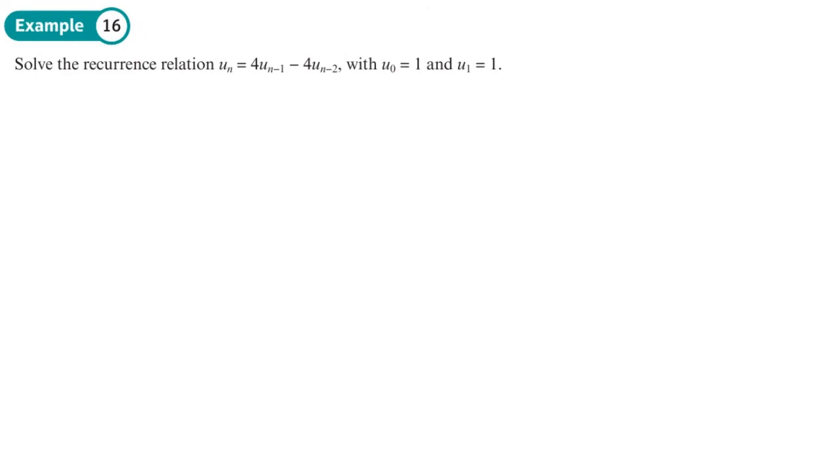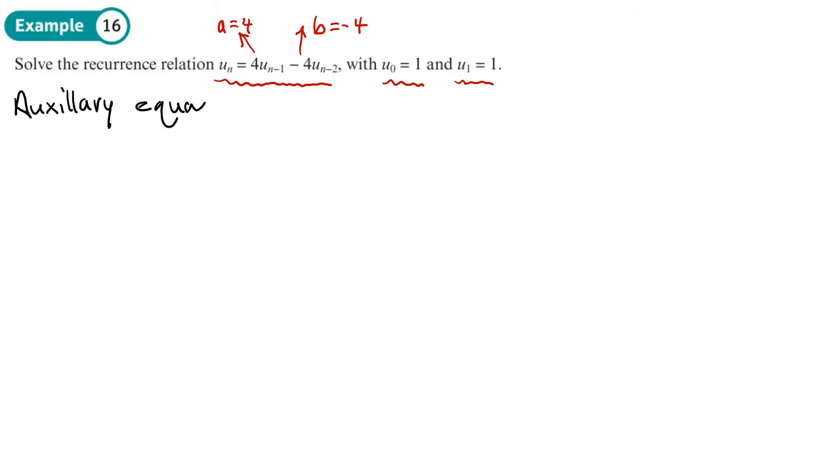So we need to solve this recurrence relation here. We've got some initial conditions, so we can find the particular solution. So in our auxiliary equation, a is going to be 4 and b is going to be -4. So we start by forming and solving our auxiliary or characteristic equation.